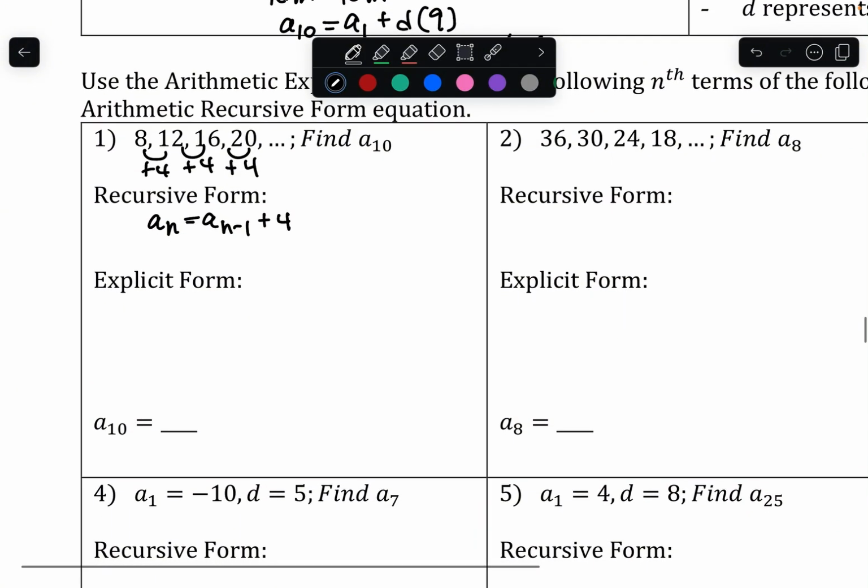But the explicit form says we take the first term, which in this case is 8, and we add the common difference, which in this case is 4. And we would do that n minus 1 more times.